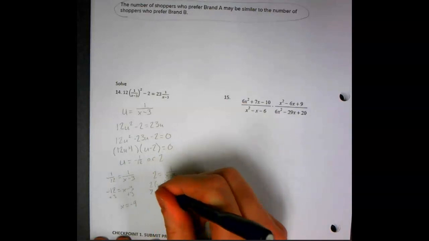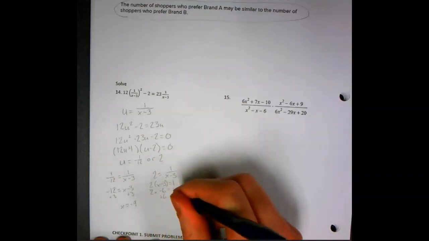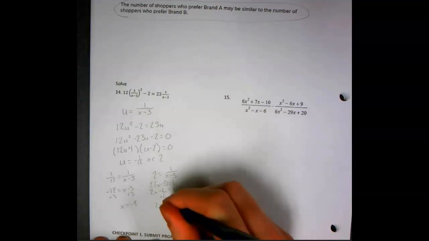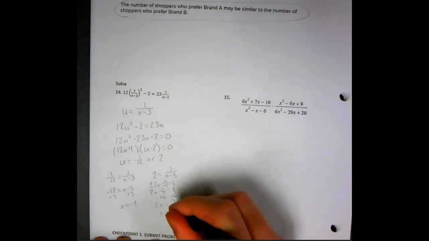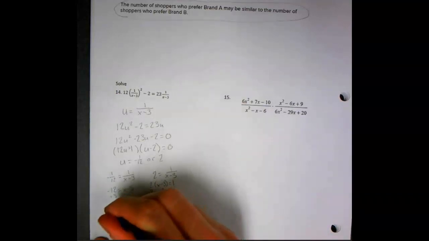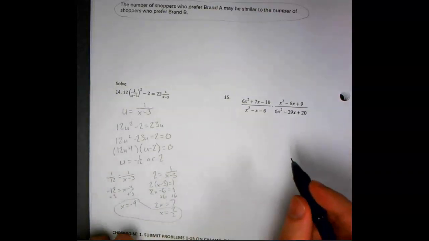So 2x minus 6 equals 1. Add 6. So x will equal 7 over 2. So our two possible answers are negative 9 or 7 halves.